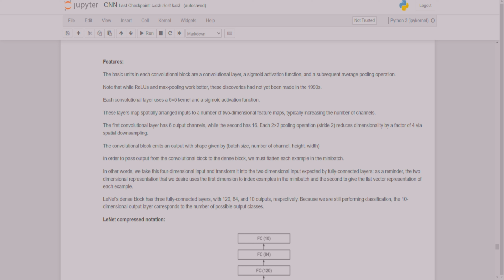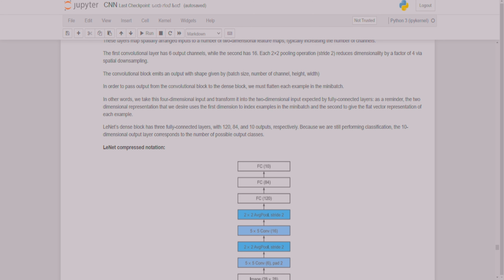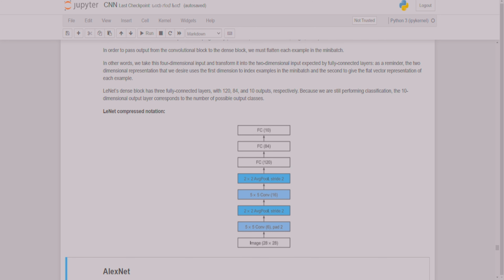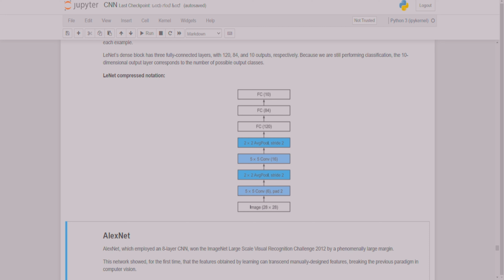So the sizes that have been used are these. It's their research work, whatever they have found. They have written a paper, and from that we got this. Now this is the actual structure they have used. This is the compressed notation of the previous diagram.